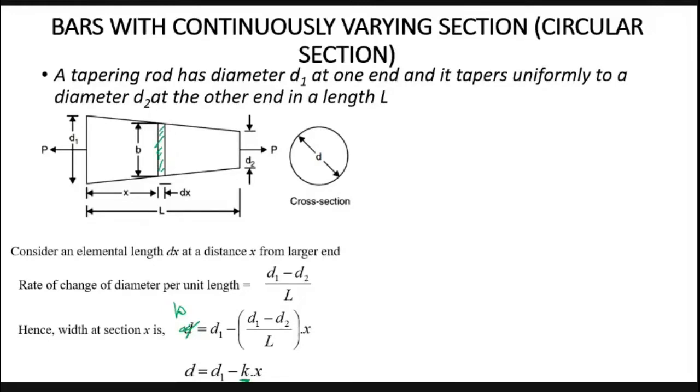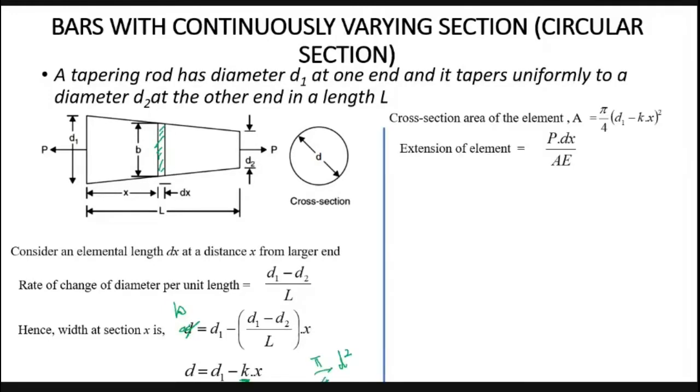Now let us identify the change in length. We know the total extension is PL by AE, where P is the force. Instead of L here, my length is only dx because we consider only the strip.